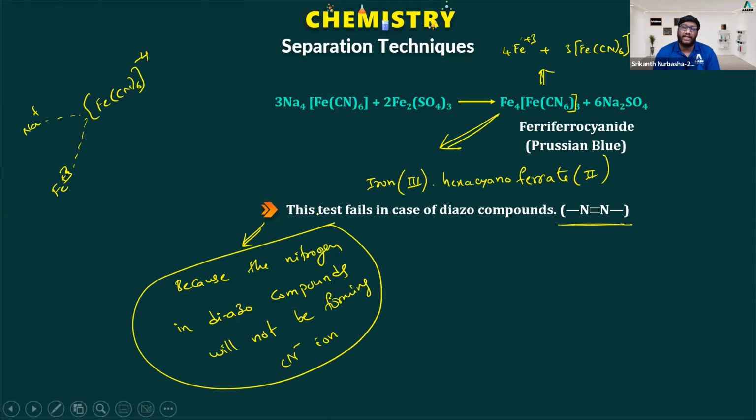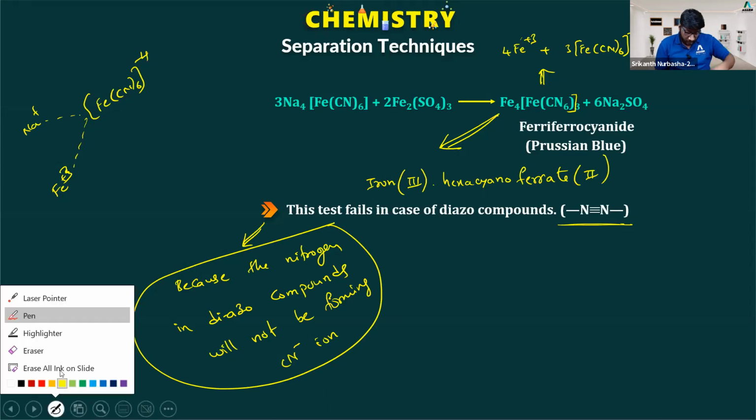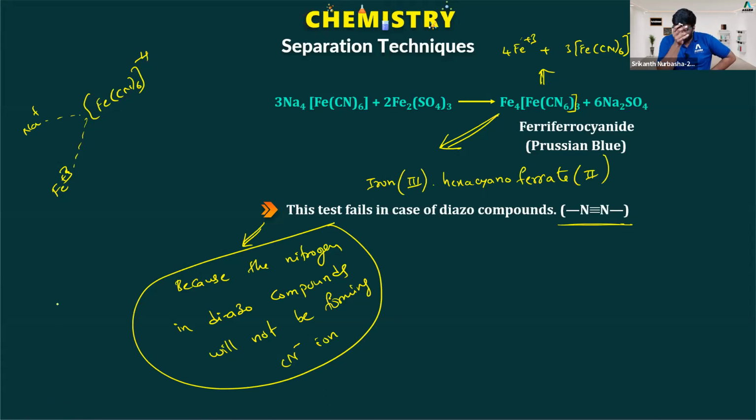NaCN means Na+ and cyanide ion should be there. If cyanide ion is not there, obviously this test is not going to happen, because this whole complex formation is explained with respect to the ligand only. The ligand is formed because of the sodium fusion extract only.